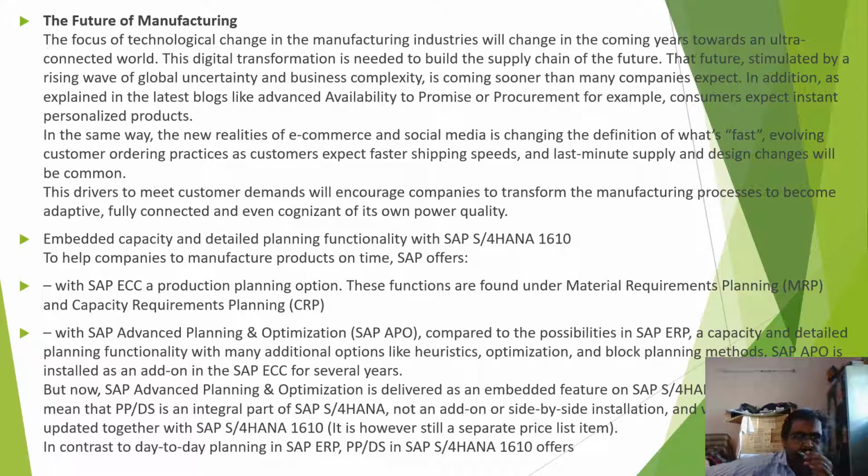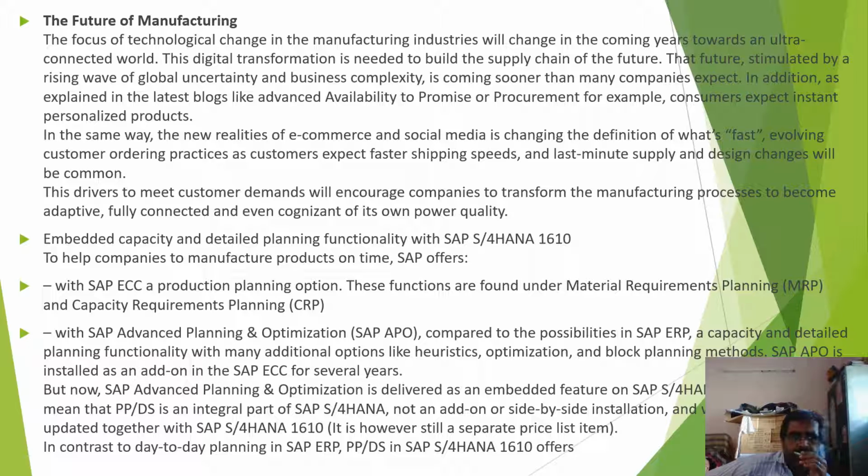The focus of technological change in the manufacturing industries will change in the coming years towards an ultra-connected world. This digital transformation is needed to build a supply chain of the future. That future, stimulated by a rising wave of global uncertainty and business complexity, is coming sooner than many companies expect.